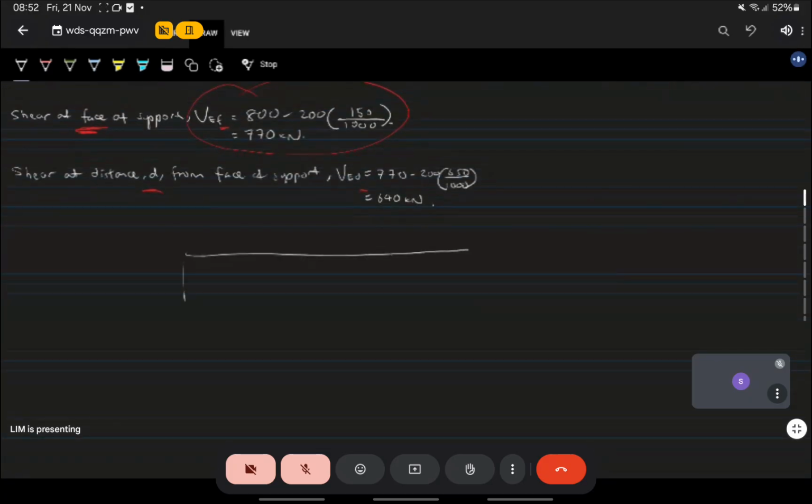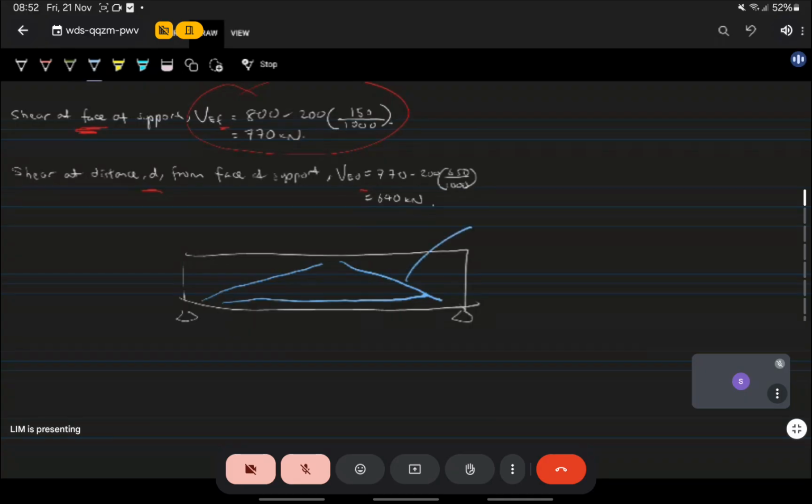This is our beam, and it behaves like a truss, like this. This is your strut. This is your tie. Hence the system is called strut and tie theory.